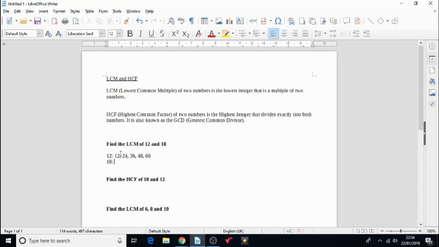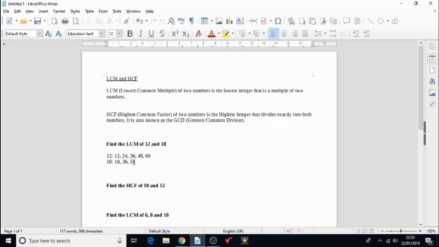You'd keep going. For 18, it's 18, 36, 54. You'd keep going. But we could stop here because 36 is in both multiples. It's the lowest common multiple between both numbers. So therefore 36 is the lowest common multiple.